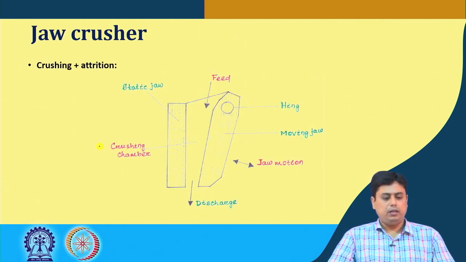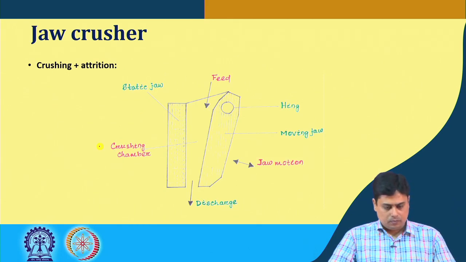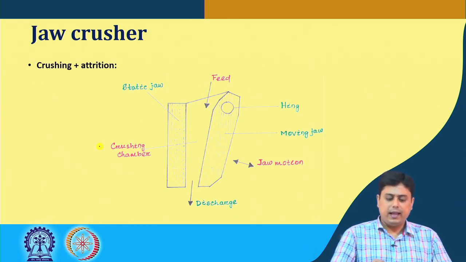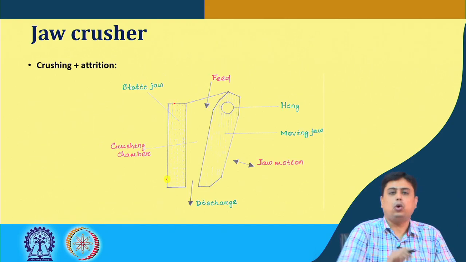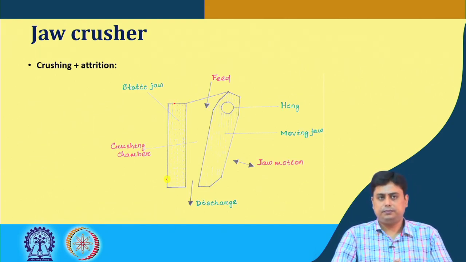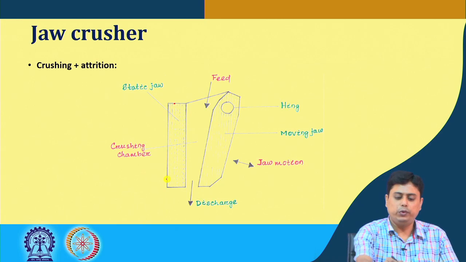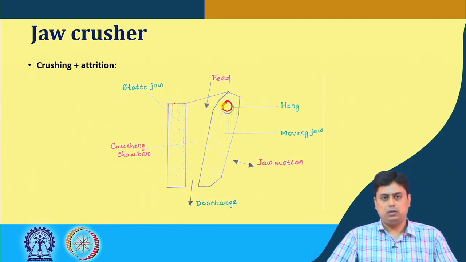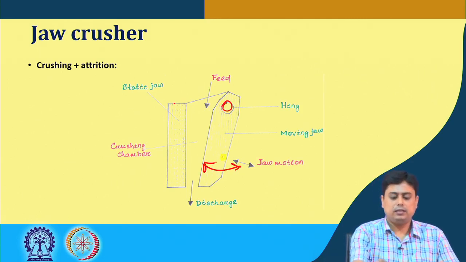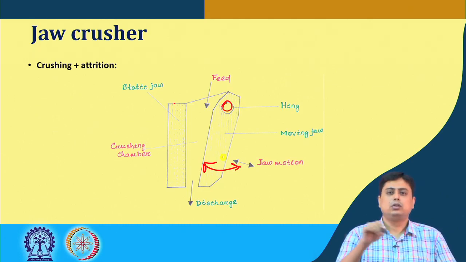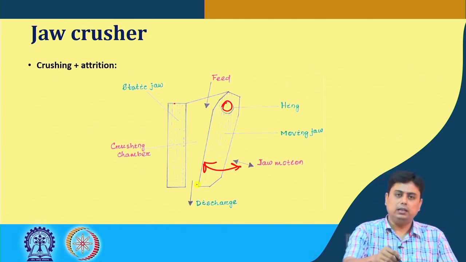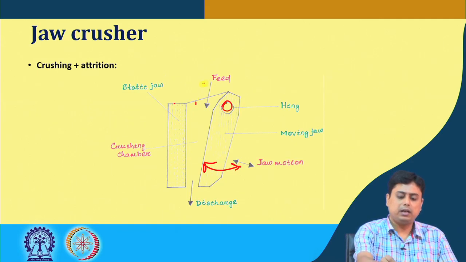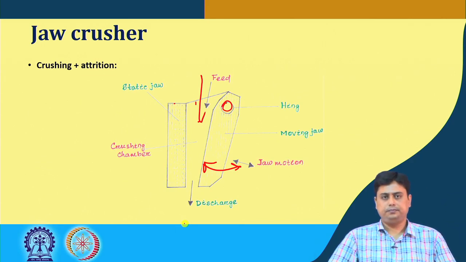For example, if we look at the jaw crusher, what happens here is that we have a static jaw. There are two solid surfaces, in which one is fixed and the other one is hinged at the top side, and this has a jaw action which crushes the particles when the particles are fed from the top and discharged through the bottom.